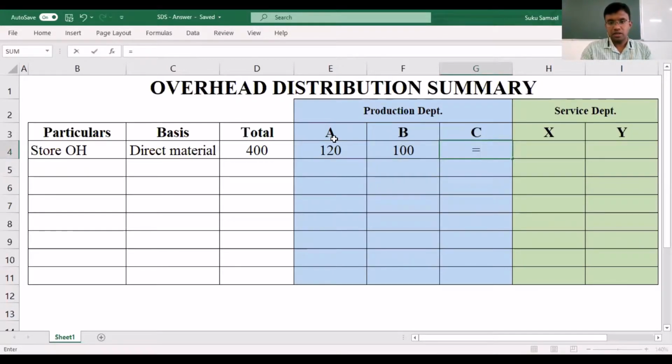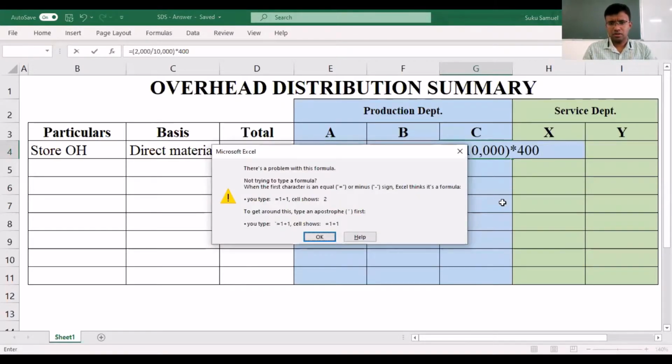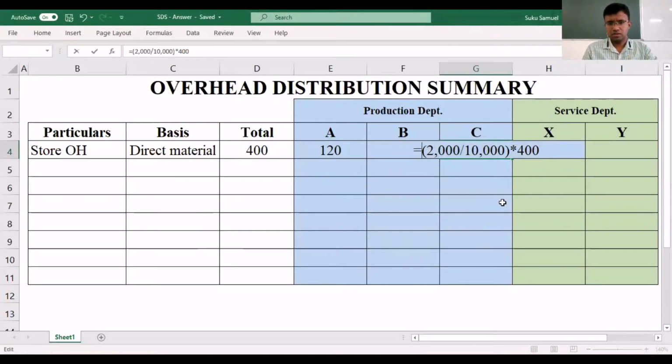So here for department B, it is 2,500 divided by 10,000 into 400. For department C, it is 2,000 divided by 10,000 into 400. So here it is 80. Now we are moving on to the service departments.